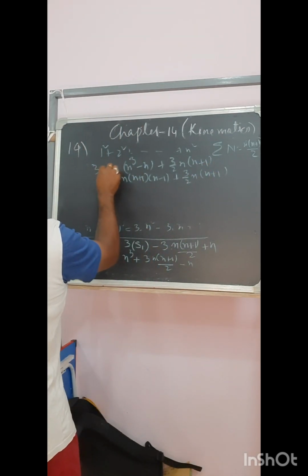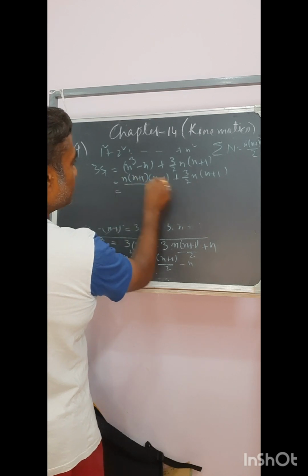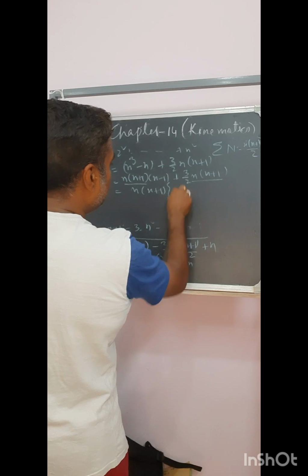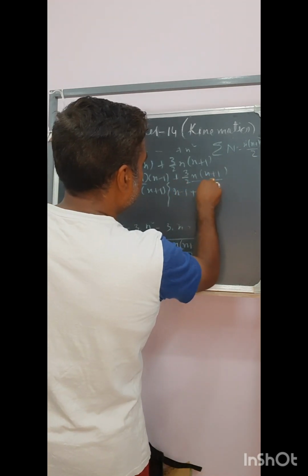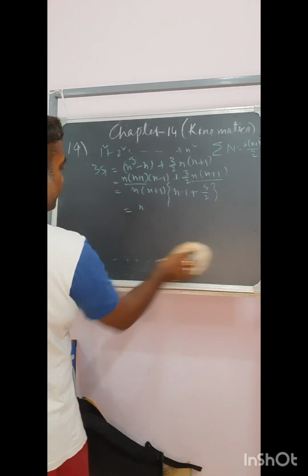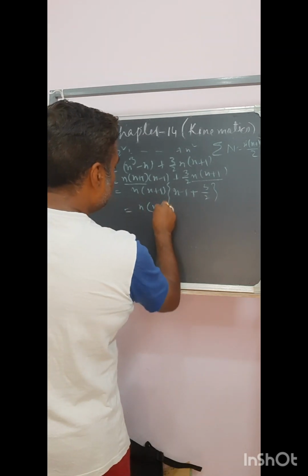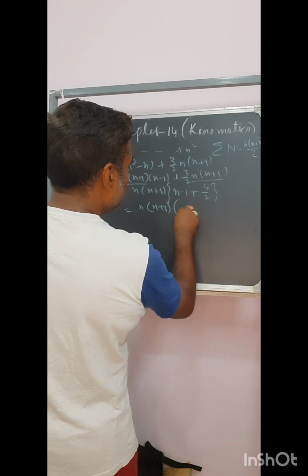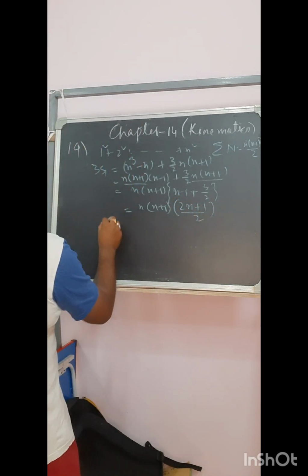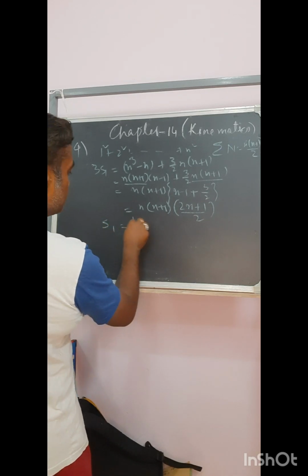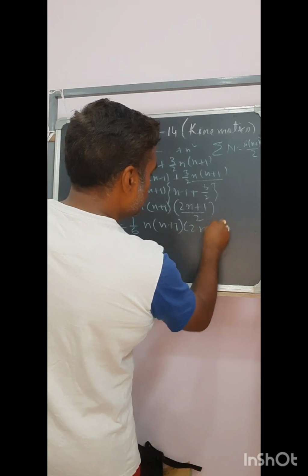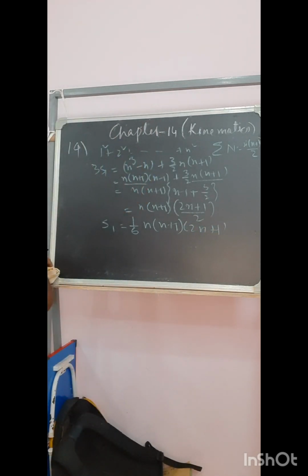So this is 3S1. If I take this common, n into n plus 1 will remain with n minus 1 plus 3 by 2. So this is n into n plus 1 into 2n plus 1 by 2. So S1 is equal to 1 by 6 n into n plus 1 into 2n plus 1. So this is the derivation.